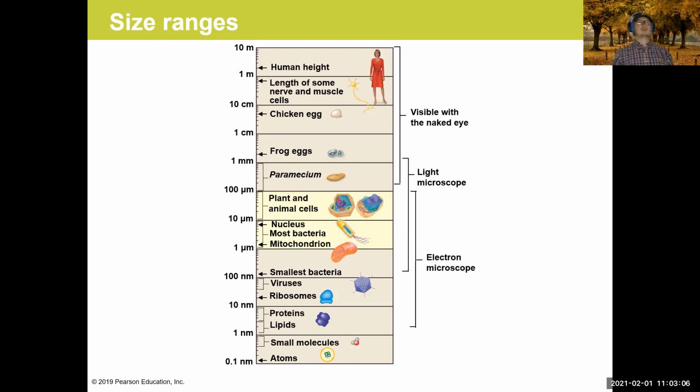But these are still relatively small, about 100 micrometers to 1 micrometer in size. So you pretty much need a light microscope to see these structures, and you can use electron microscopes or more powerful microscopes to look at the internal structures of those cells.